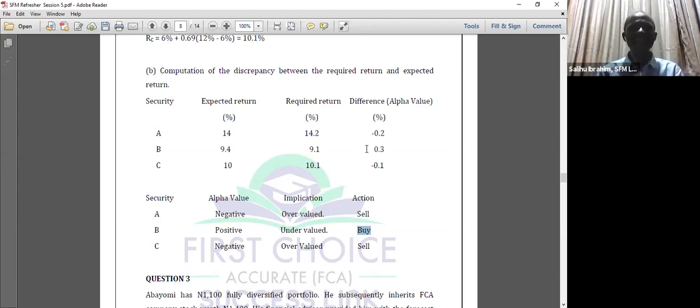Now, a stock with alpha value of 0 is found in a strong form efficient market. Please take note of what I'm saying here. They will definitely help you, because the question can tell you in which market.